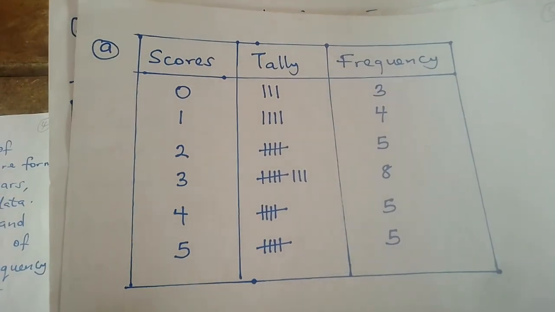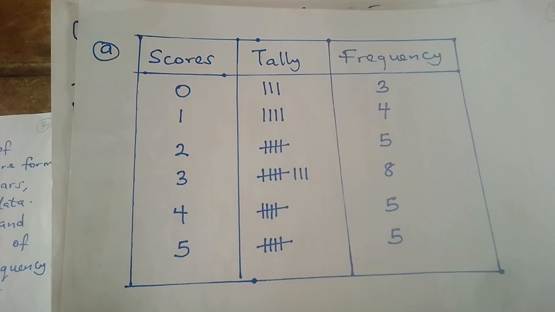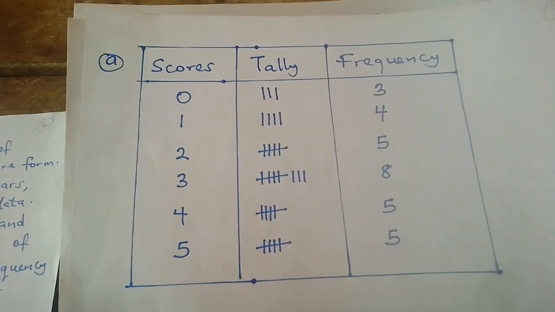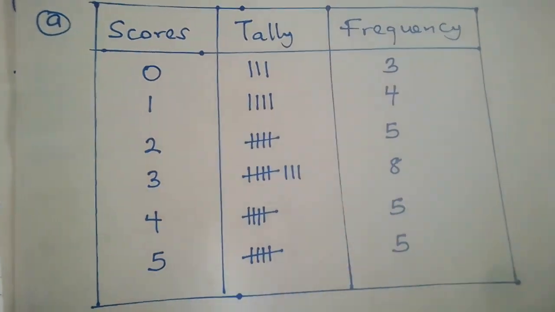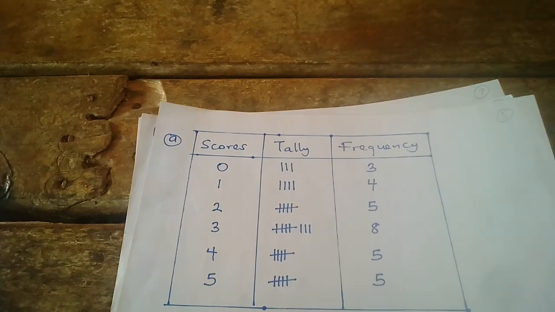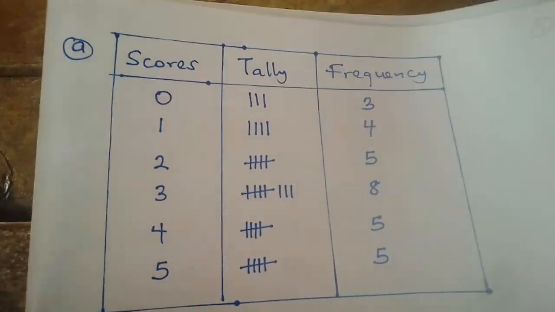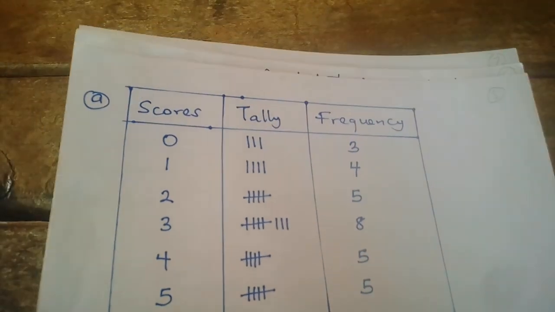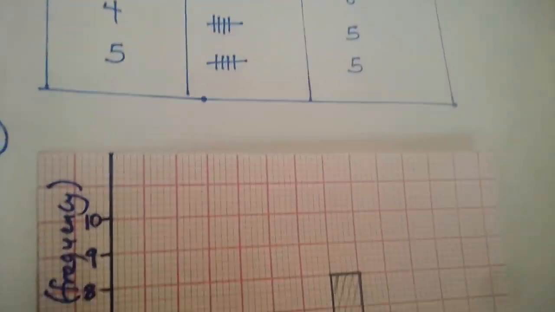If you are still having any problem with it, you can download the first lesson on statistics, so you'll be able to see how we represent this information on the frequency distribution table. When you do that, you understand how this works. Then we will represent this on a bar chart.